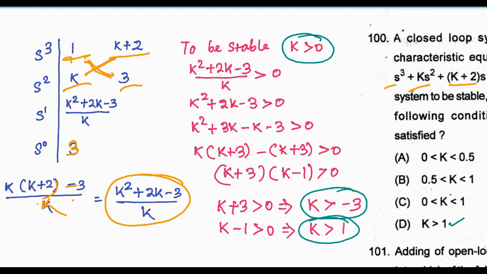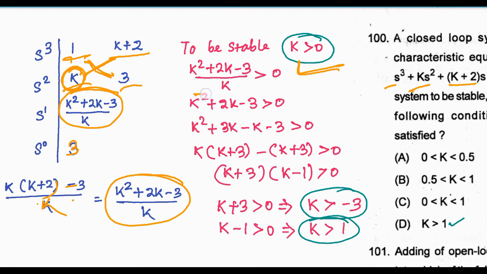So for the system to be stable, all the elements in the first column of the Routh array will be greater than 0. So here first condition is k should be greater than 0. Again this should be greater than 0, that is k square plus 2k minus 3 by k should be greater than 0.